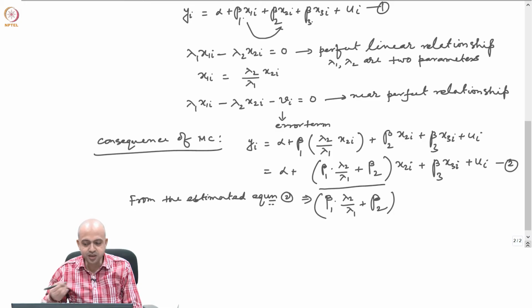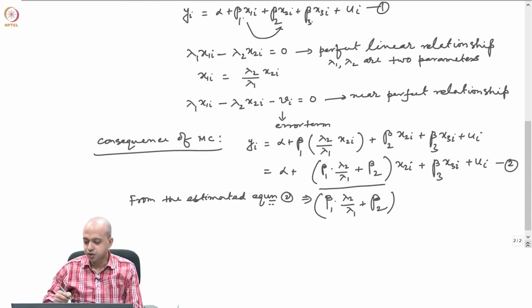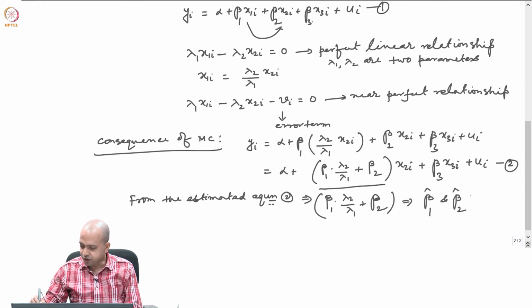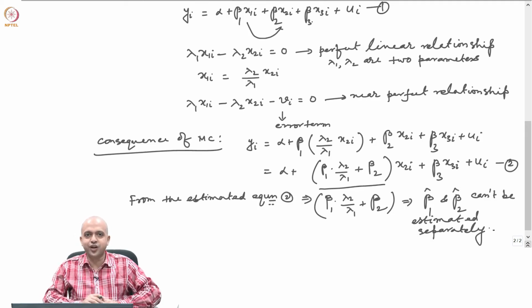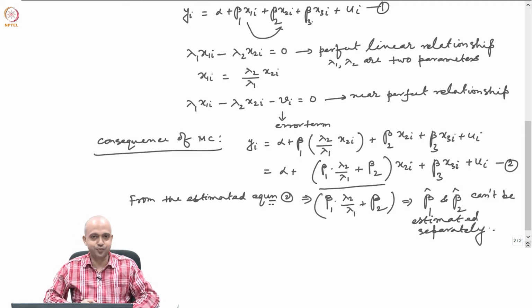So, when there is perfect linear dependence between two variables, I cannot get beta 1 hat and beta 2 hat separately. Beta 1 hat and beta 2 hat can't be estimated separately. That is the problem. I will get only a combined value.